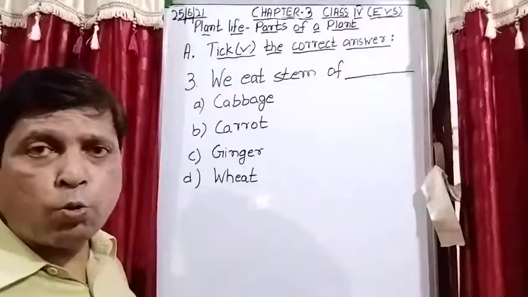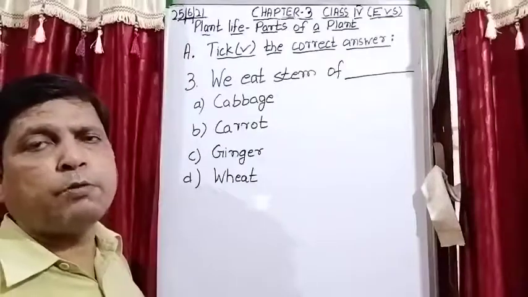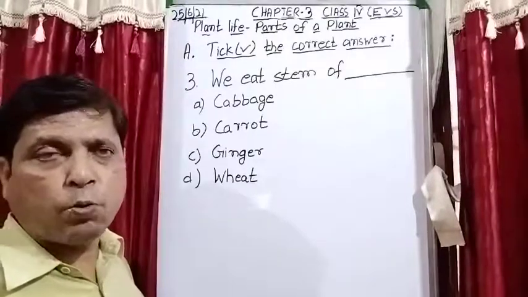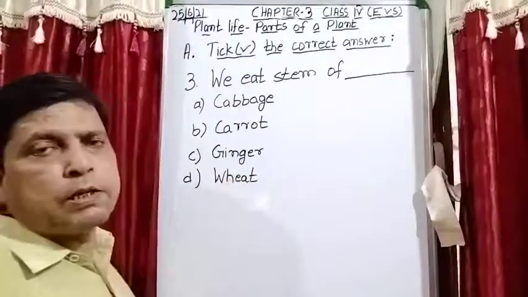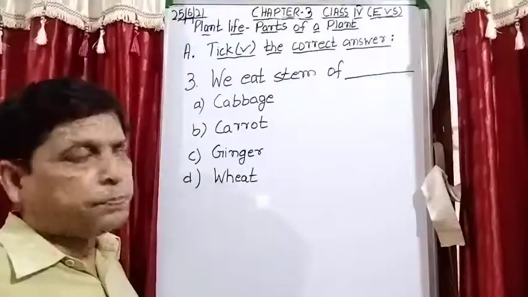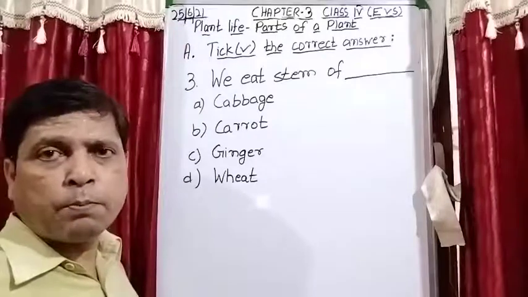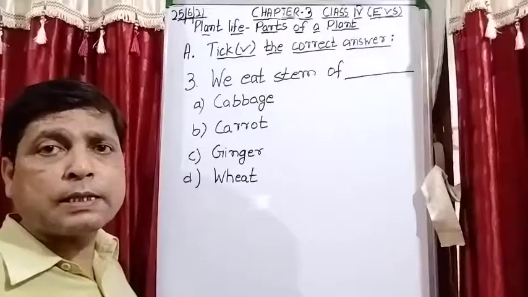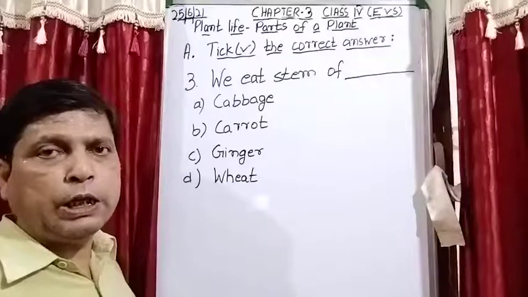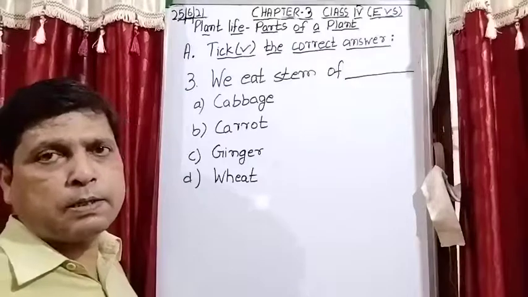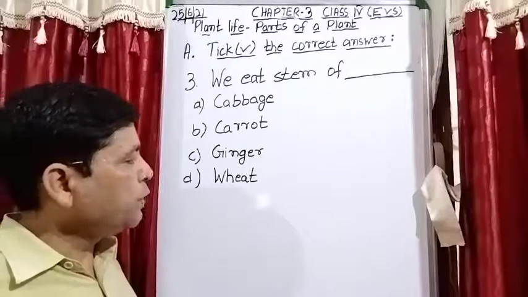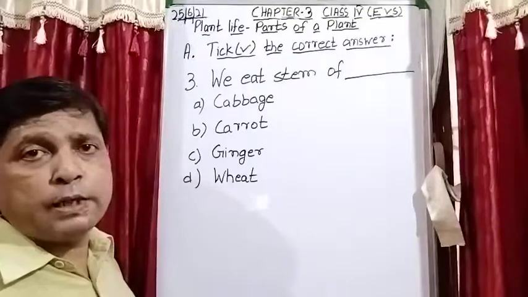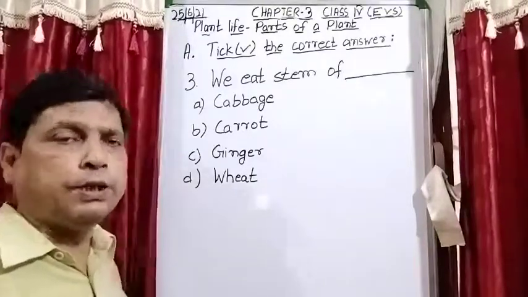That is the root part, and these types of roots are known as tuberous root. Next is the wheat. Wheat is also not a stem because wheat is the seed. We eat seed of many plants. Is it clear? Wheat is the seed of the plant which we eat.